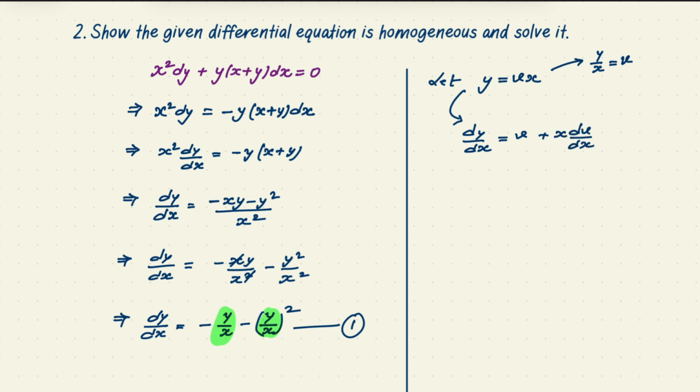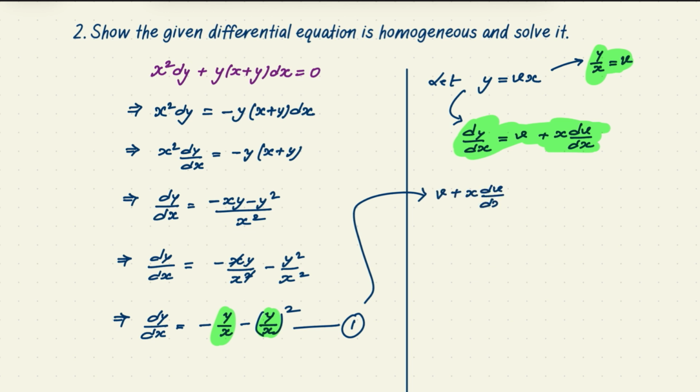Now we will substitute y over x as v and dy over dx as v plus x into dv over dx in equation 1.